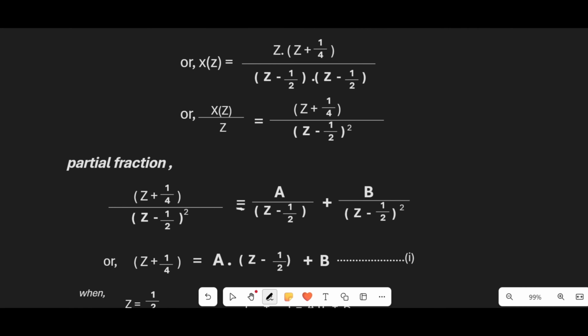That means X of z by z equal to (z plus 1 by 4) divided by (z minus half) the whole square.